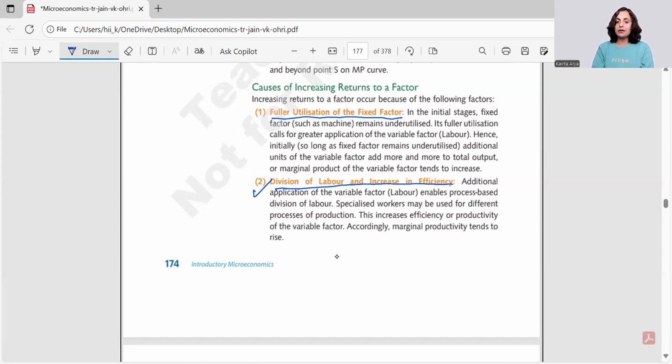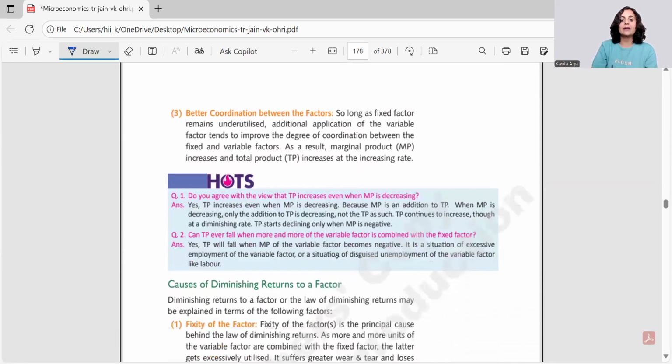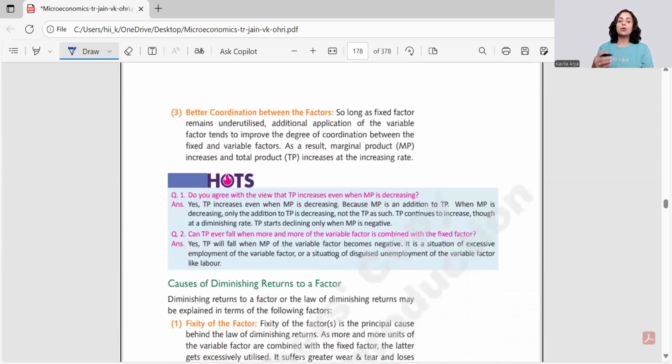Because of that division of work, because many people join in the production work, there is an increasing return to the factor. And there is better coordination with more and more people joining in. When the work is divided, people coordinate properly, and they have clarity about who would be doing what, the results are all the more positive.